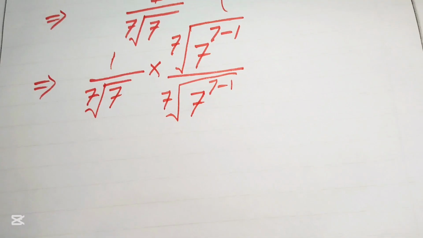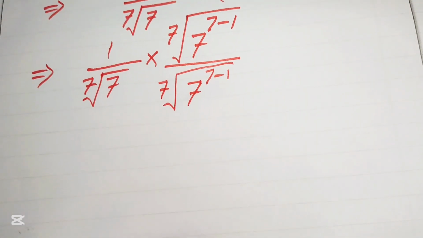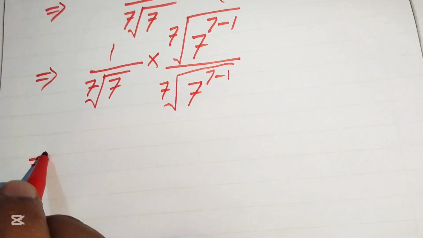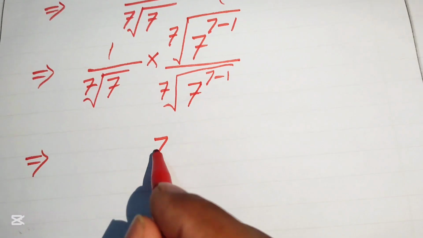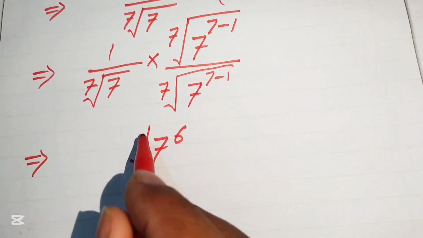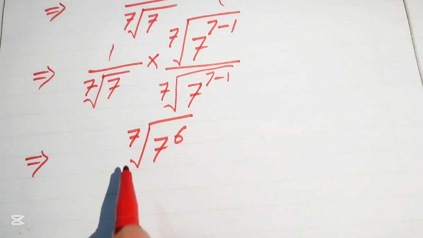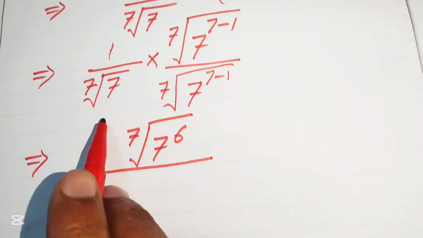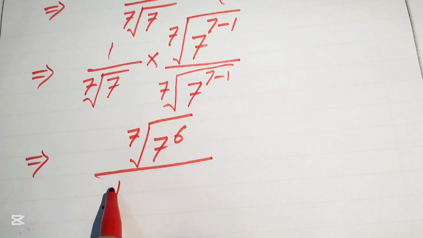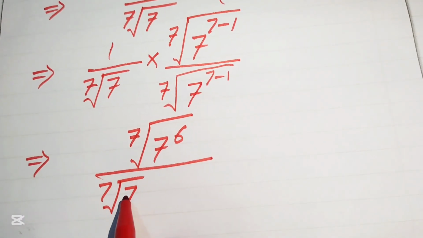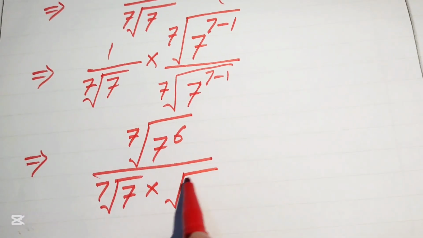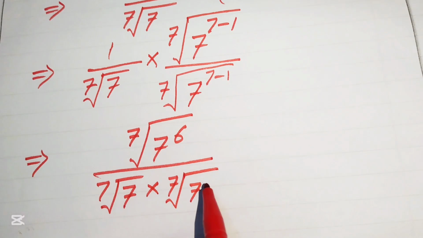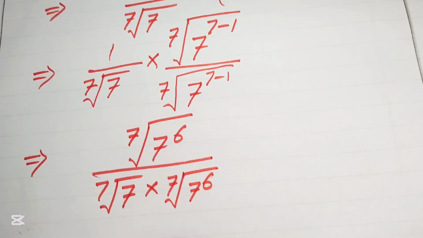Okay, so after this step we need some simplifications. 7 to the power of 7 minus 1 equals 7 to the power of 6 under the seventh root, and it is divided by the seventh root of 7, multiplied by the seventh root of 7 to the power of 6.